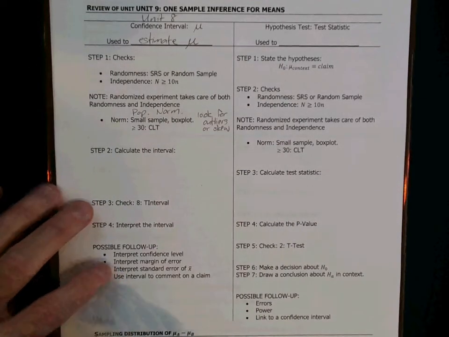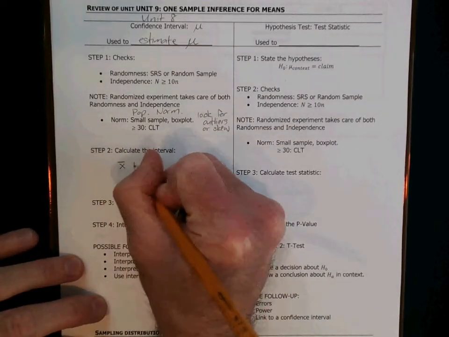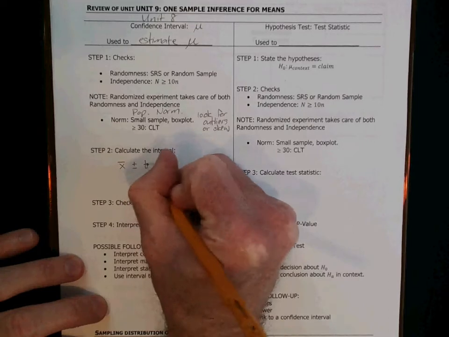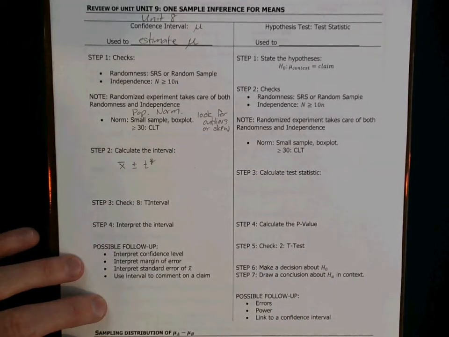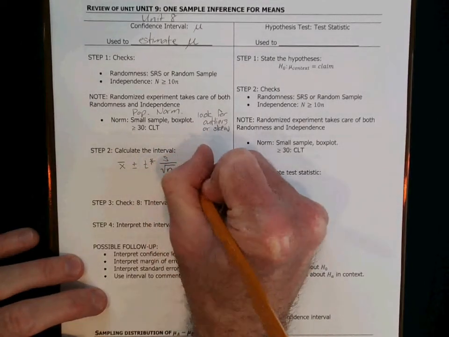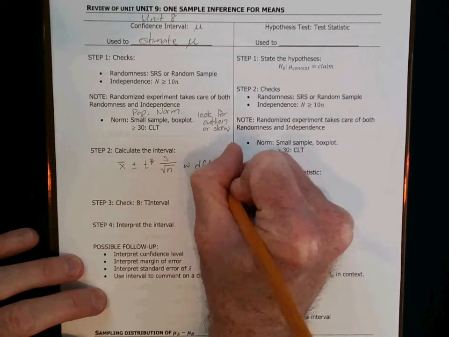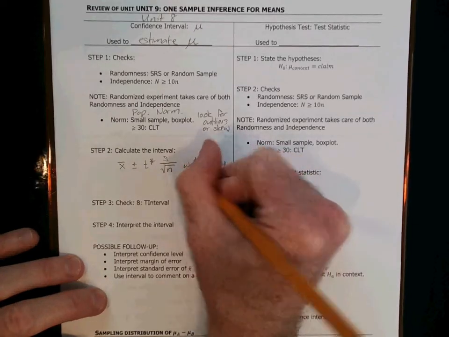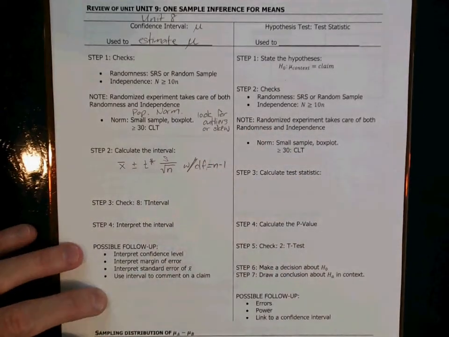To calculate the interval, you need the sample mean plus or minus the critical value from the t distribution times s over the square root of n with degrees of freedom equal to n minus 1. I wanted the slash there. So it's with degrees of freedom equal to n minus 1.